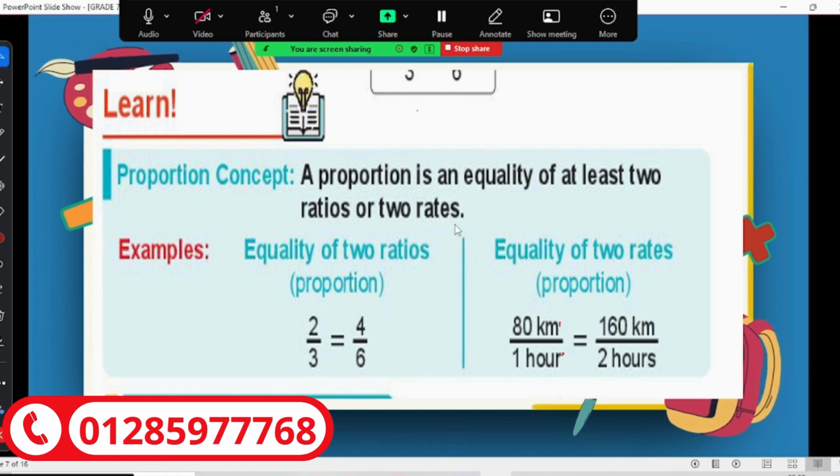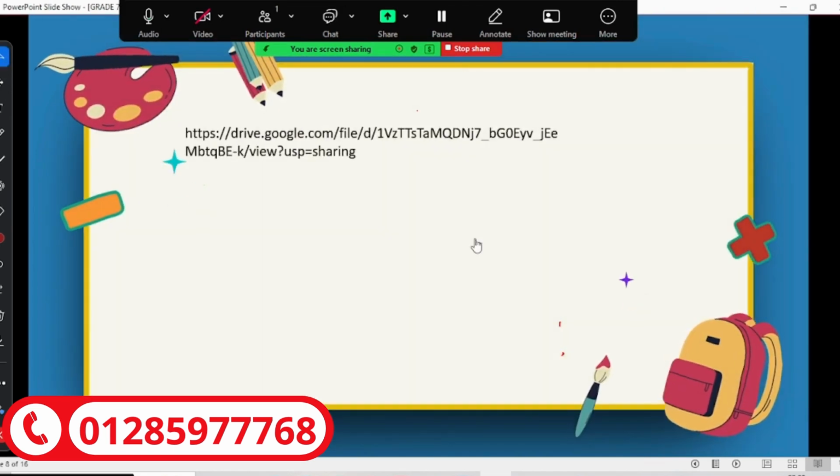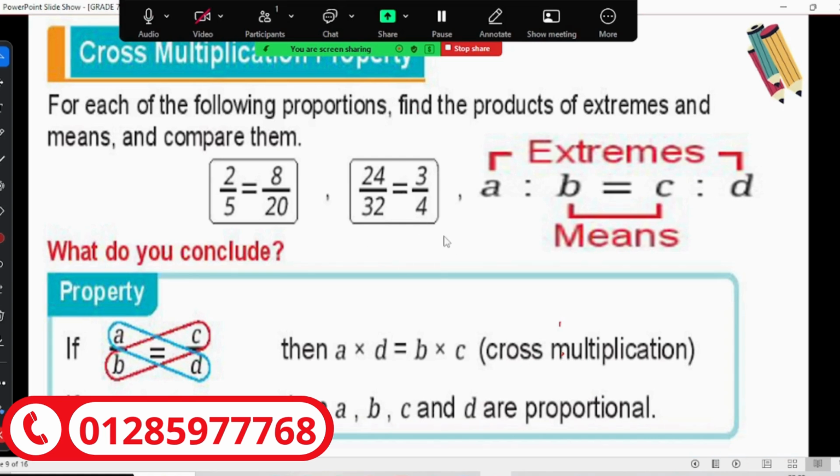Okay, what else? Here we have the cross multiplication property. For each of the following proportions, find the product of extremes and the product of means. What is the meaning of those words, extremes and means?